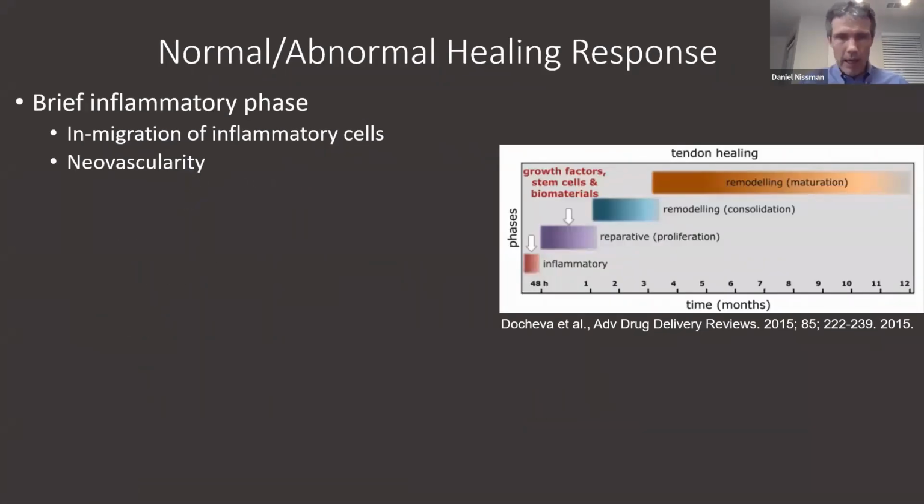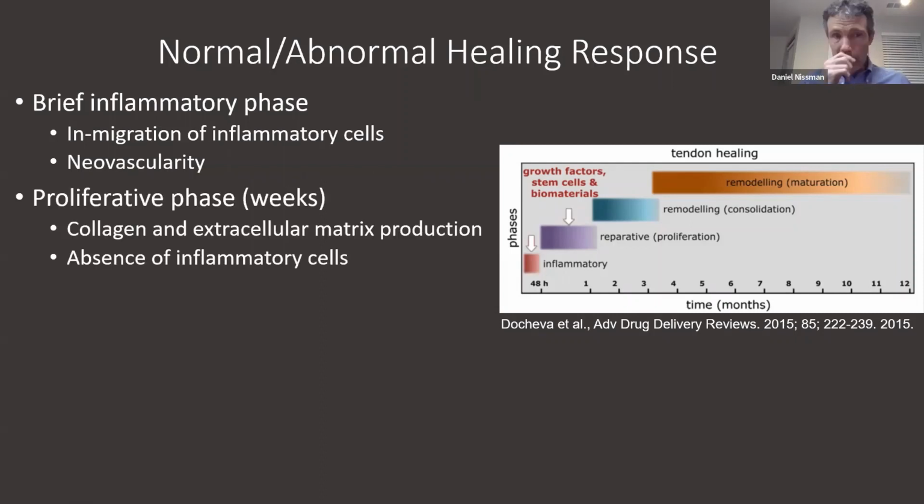All right, so I'm going to gloss over this a little bit, but whenever the tendon is injured, it enters a very brief inflammatory phase, so maybe 48 hours, or 2 or 3 days' worth, where there might be some in-migration of inflammatory cells, and then there will be ingrowth of blood vessels. And then we go into what's known as the proliferative phase, which is on the order of weeks. That's characterized by collagen and extracellular matrix production.